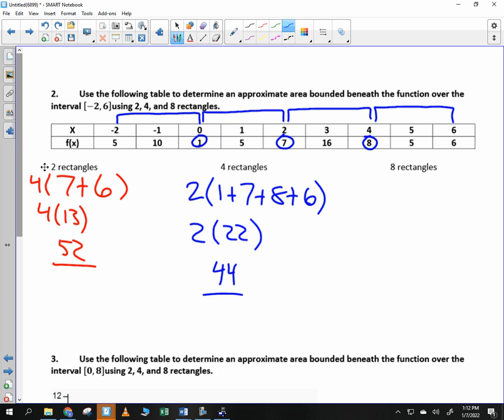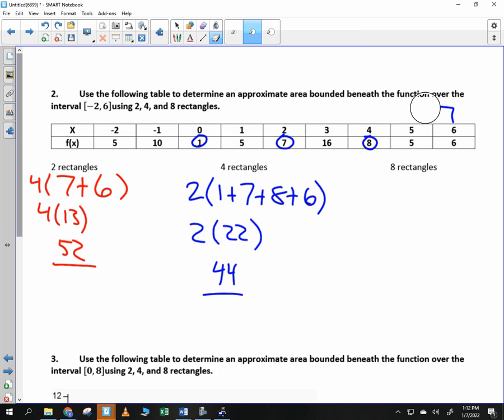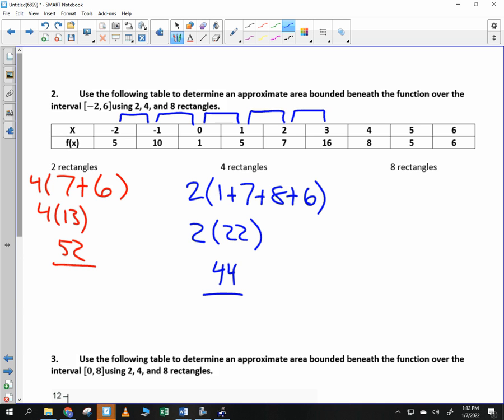And then if I do 8 rectangles, what's the width of each rectangle? 1. So again, please notice that how many table values are up here? 9. But how many intervals are there? There's 8. So that's the one thing that sometimes confuses people about that process, okay? So for the 8 rectangles, I have a width of 1, and I am going to, where do I evaluate the first height? At -1.